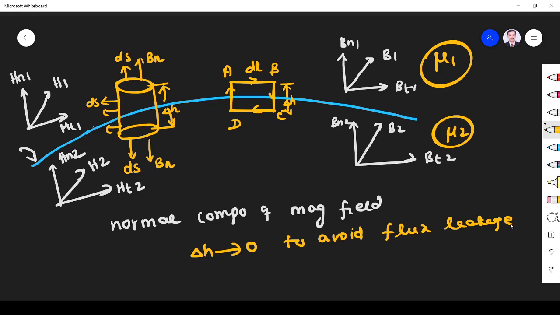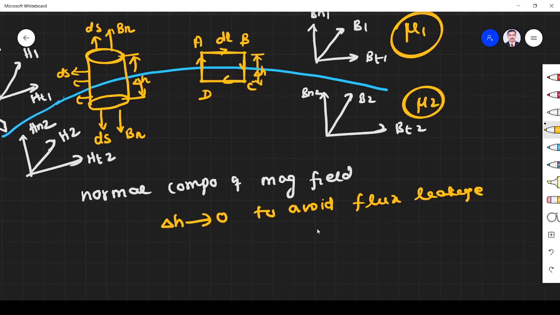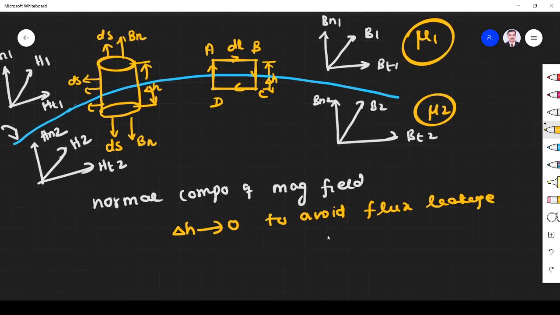Just as we found the tangential and normal component of electric field in electrostatics, the same method we are going to use here also. There we used Gauss law for electric field to find the normal component. Here we use Gauss law for magnetic field. So we know Gauss law for magnetic field is the closed integral of B dot ds equal to 0.